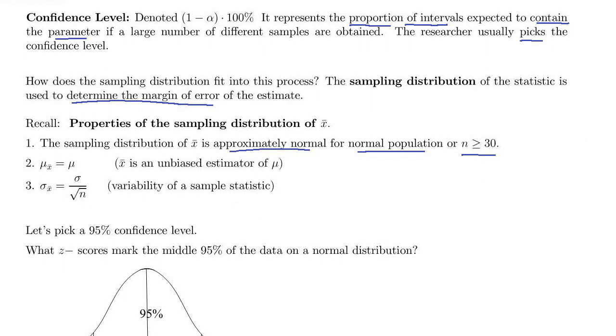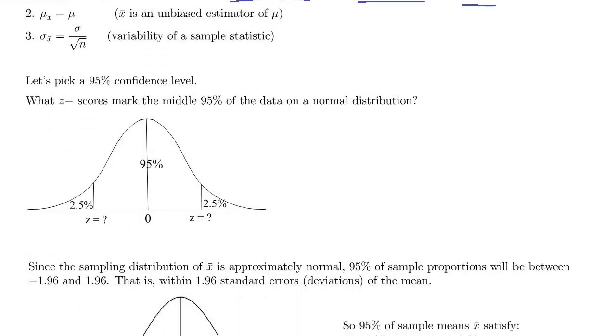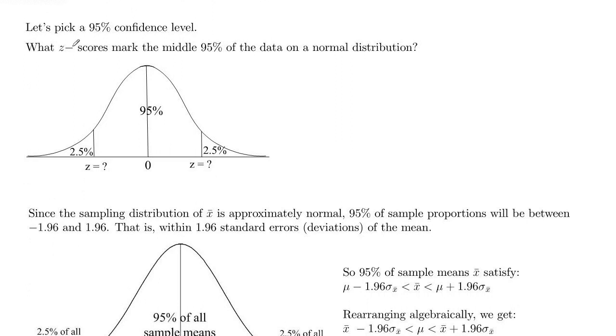So for purposes of this example, let's pick a 95% confidence level. So that's our value for 1 minus alpha times 100. In this case, alpha is actually 0.05. It's a proportion.